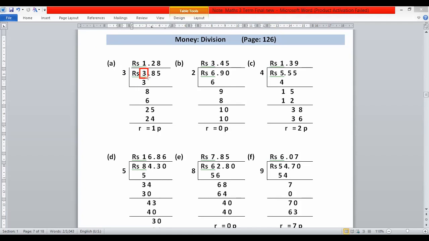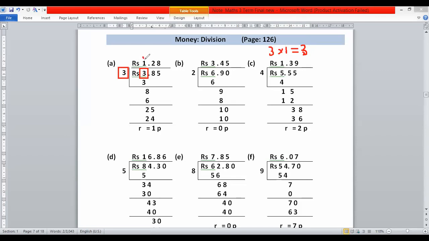First of all, here we will divide rupees by 3. Rupees are 3 and we are going to divide 3 by 3. So, first of all, you will count the table of 3. When you multiply 3 by 1, you get 3. So, 3 is completely divisible by 3.